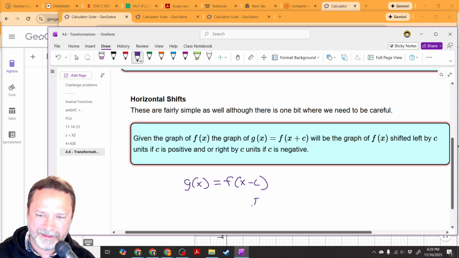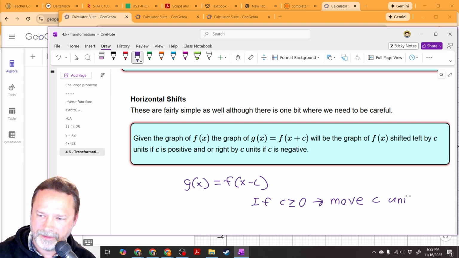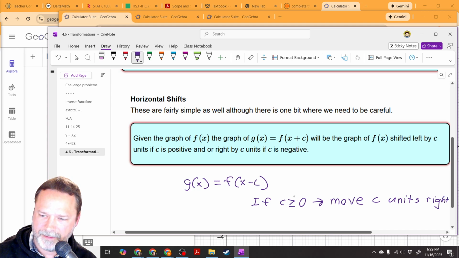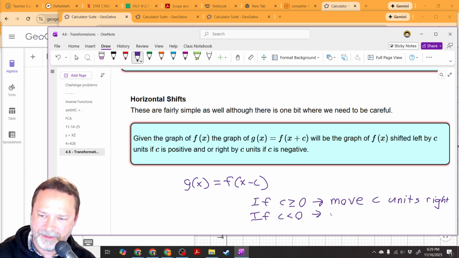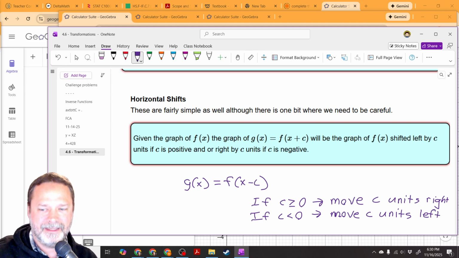So let's say if c is greater than or equal to 0, we move c units to the right. If c is less than 0, so if c is negative, we move c units to the left. And that's saying the exact same thing as what's above there.